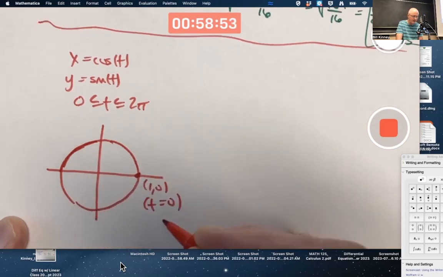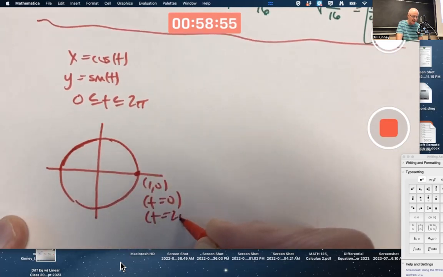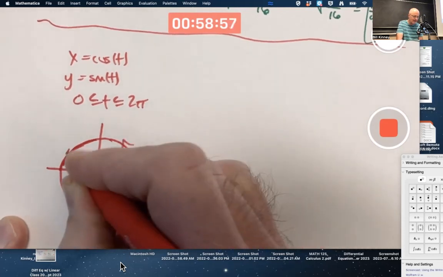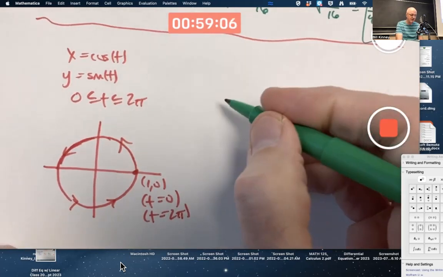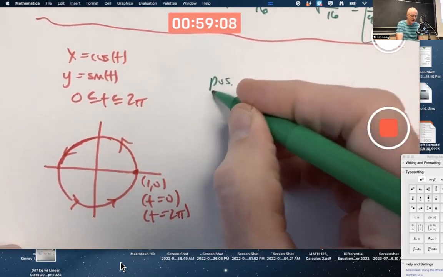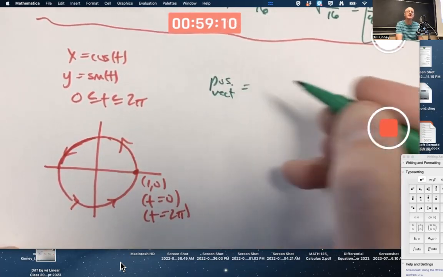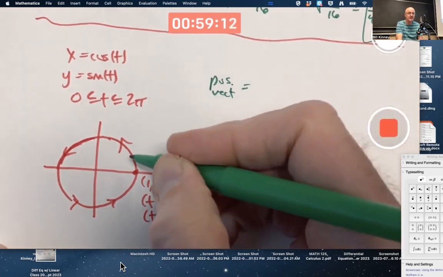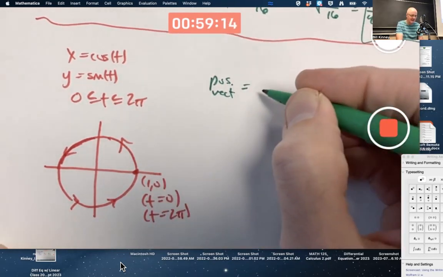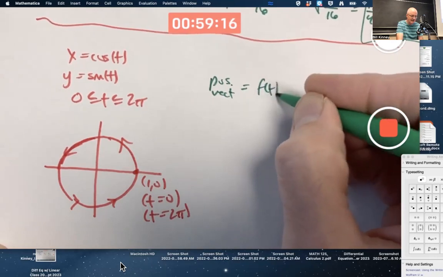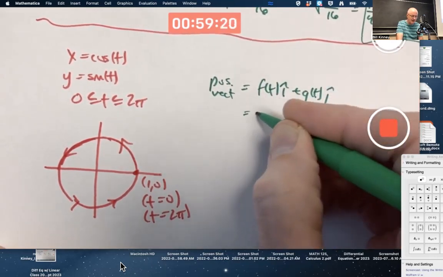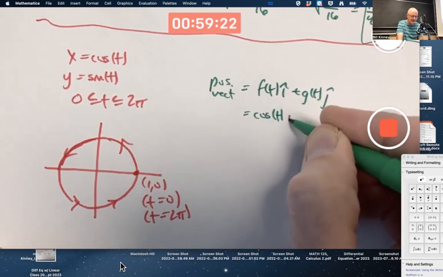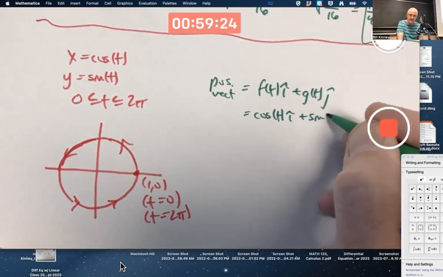Until we get back where we started, when t equals 2 pi. Counterclockwise motion. The position vector is not constant because the bug is moving. It's f of t i hat plus g of t j hat: cosine of t i hat plus sine of t j hat.